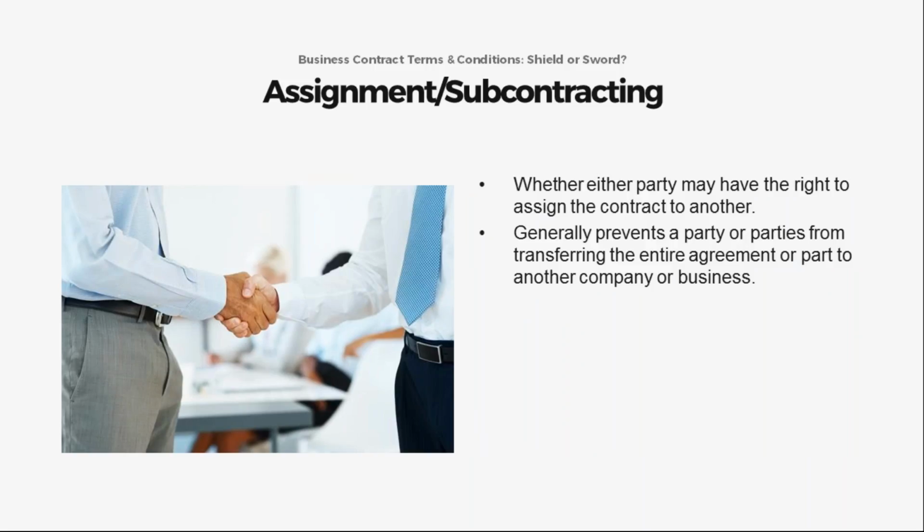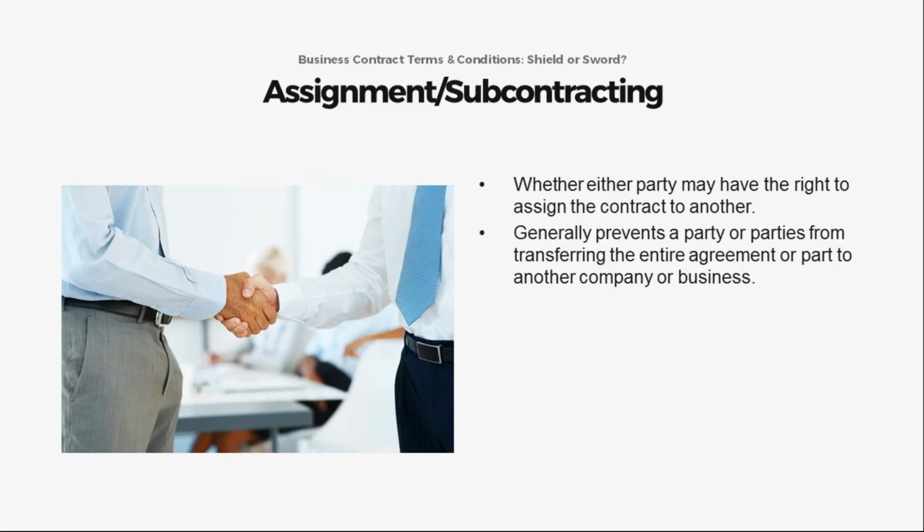For example, let's say that you and I enter into a contract where I'm going to do X for you, and me doing X is not so specialized that I'm the only one that could do it. After I enter the contract, and we don't have a provision that addresses assignment, I find out that for some reason I can't do it, or I don't want to do it.